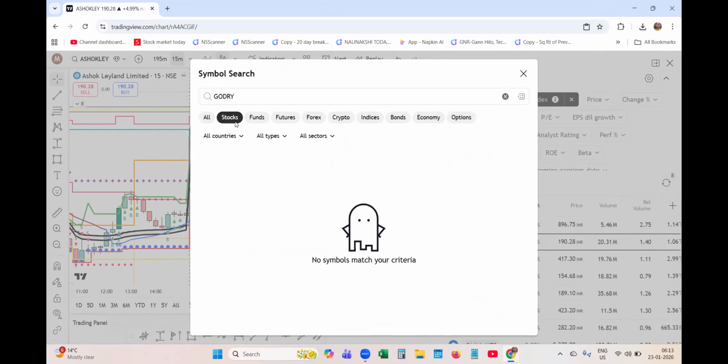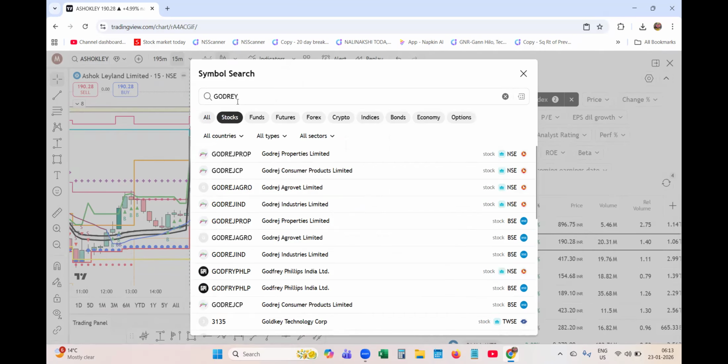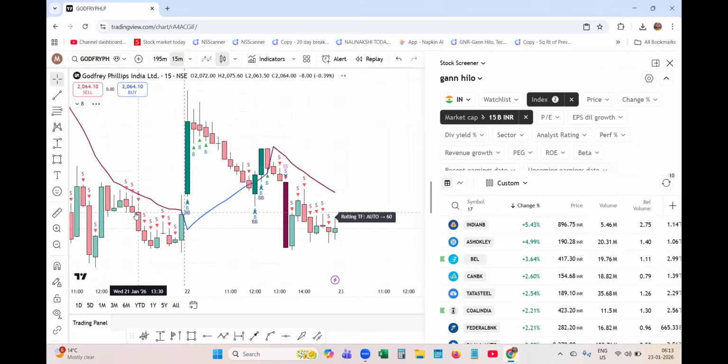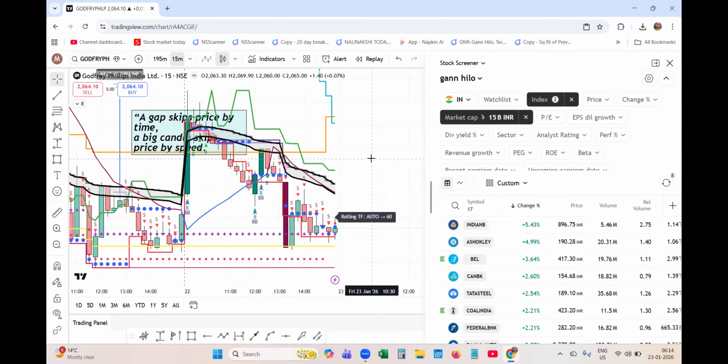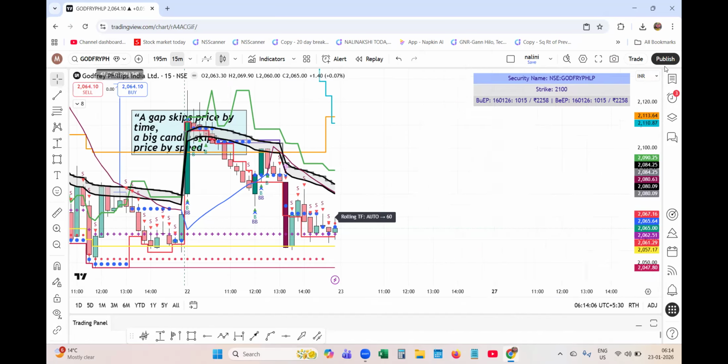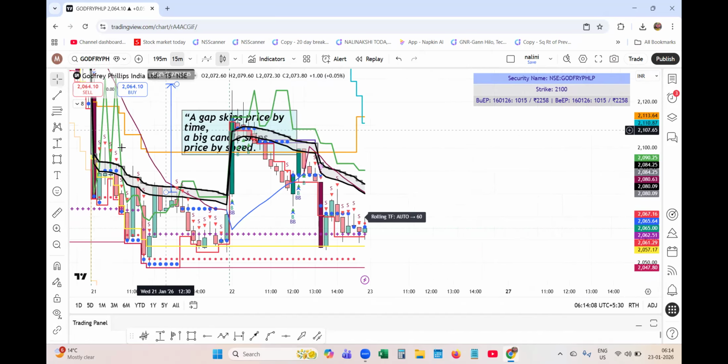If I go back to Godrej Philips, let me hide the screen. We don't need it because of the explanation.